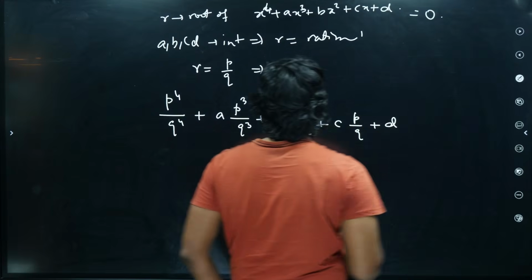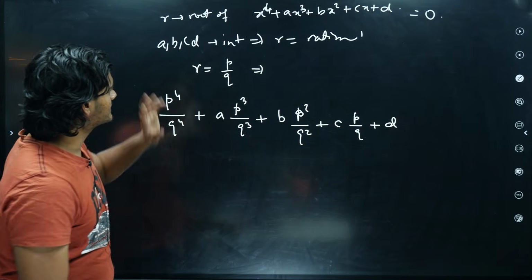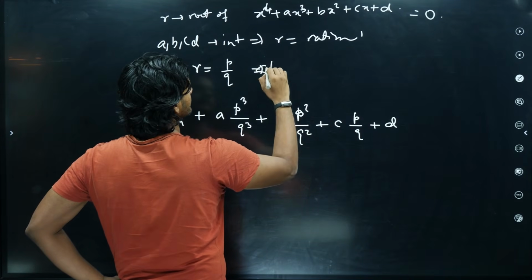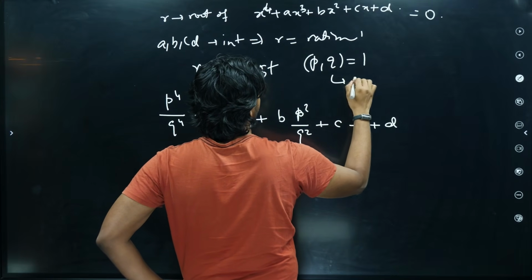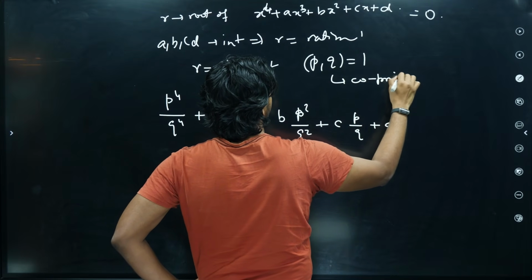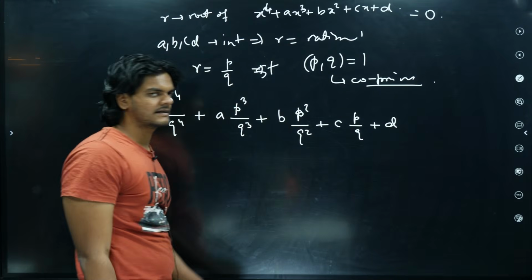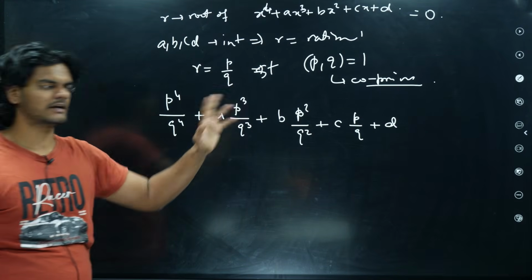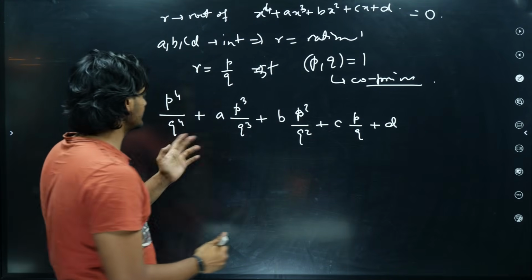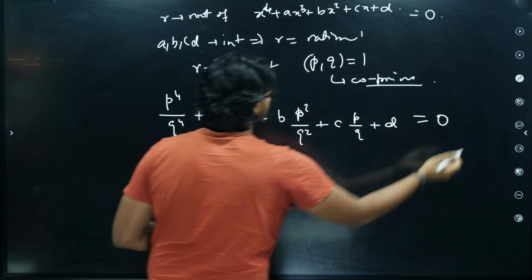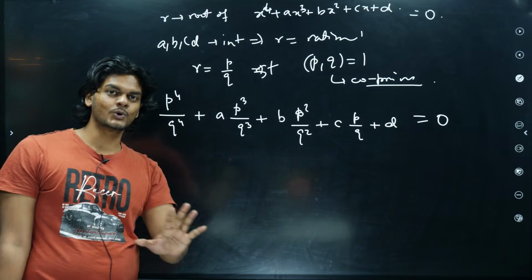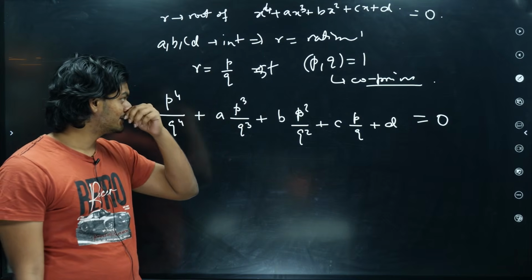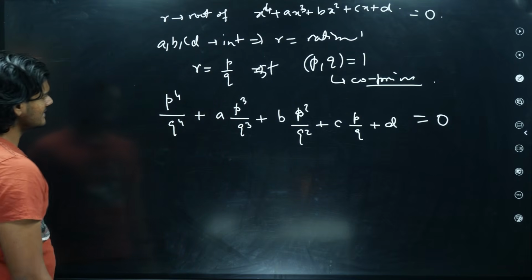What is the condition on p and q? First of all, this has to be in lowest terms such that p comma q are co-prime. There is no divisor greater than 1 which divides both p and q. Now this is equal to 0 since this is a root. We have to show that q is 1. That is the goal. Okay, so let's see what happens.